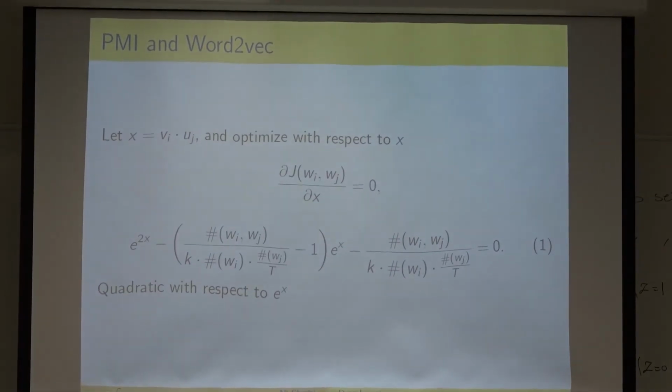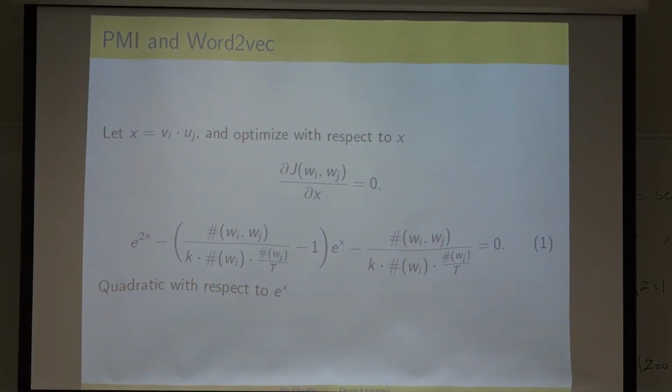Then I write my objective function, and whenever I need a probability, I use the estimation by counting words. Then I take the derivative and set it to 0, because I want to optimize it.